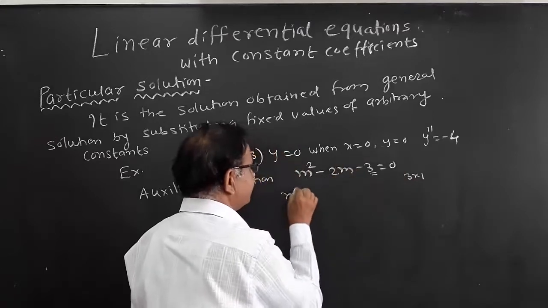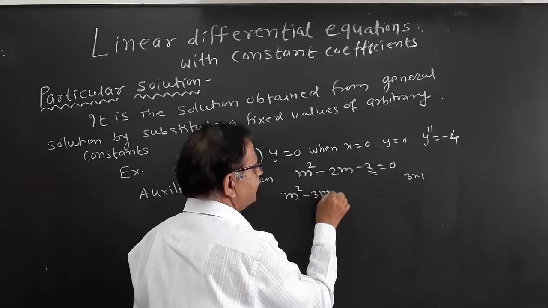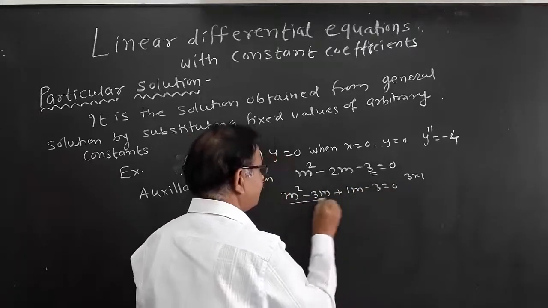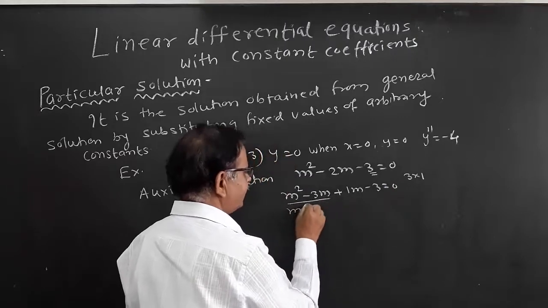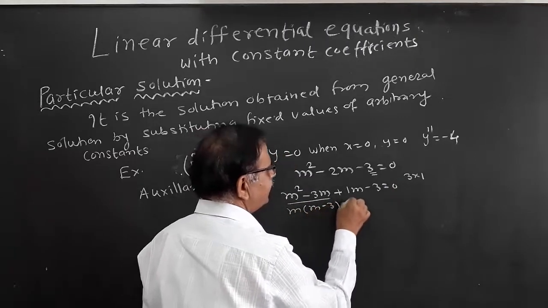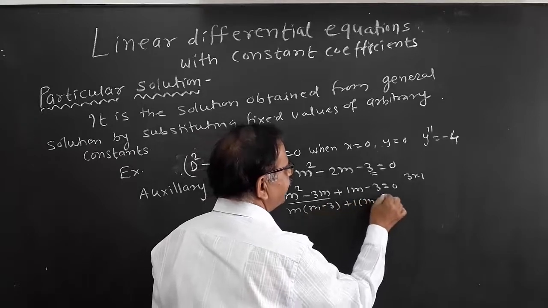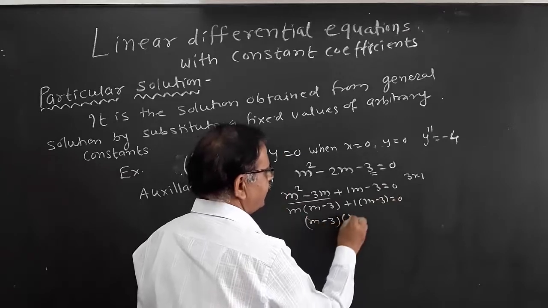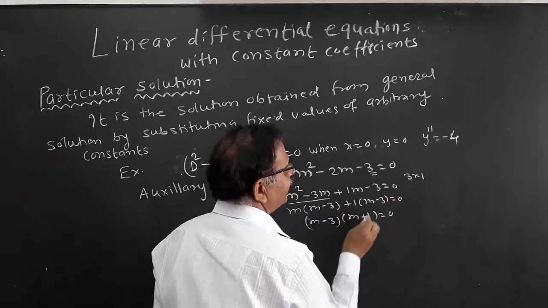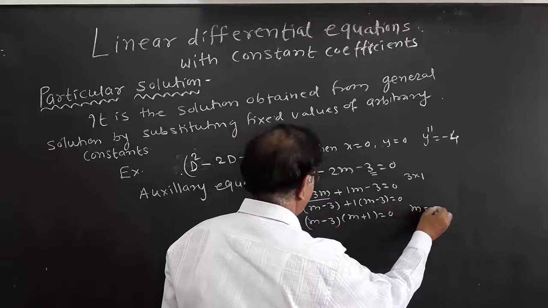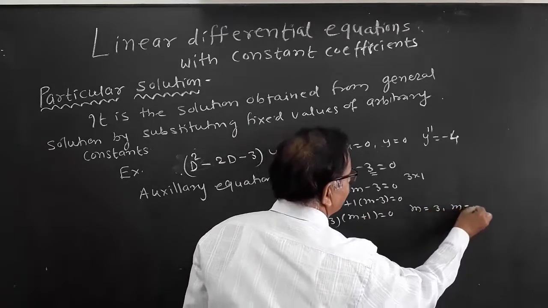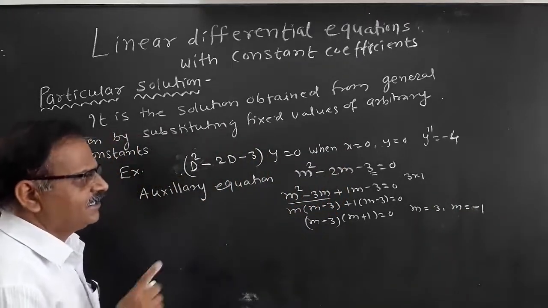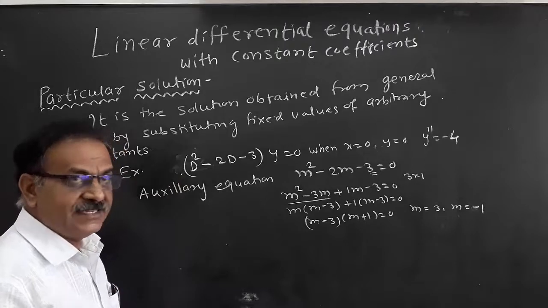Therefore, this can be written as m square minus 3m plus 1m minus 3 equal to 0. From this we take m common, m minus 3, plus 1 common, m minus 3 equal to 0. Therefore (m minus 3)(m plus 1) equal to 0, and from this we get m equal to 3 and m equal to minus 1. Therefore, the roots of the auxiliary equation are 3 and minus 1. They are real and distinct.